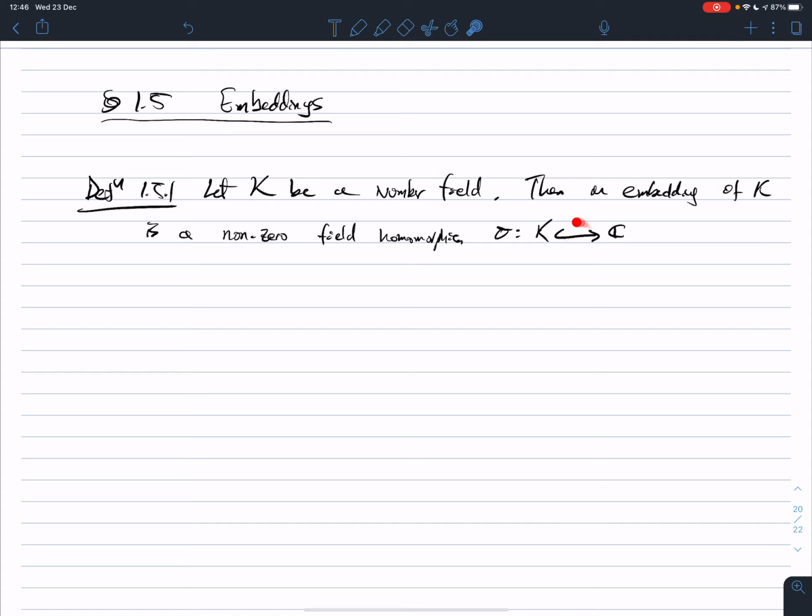The reason I've used this arrow with a little curly arrow on the back is to denote that this is an injection. Any non-zero map between fields has to be injective, because if you think of what the kernel would be, the kernel would have to be an ideal, and therefore the only ideal in a field is zero.